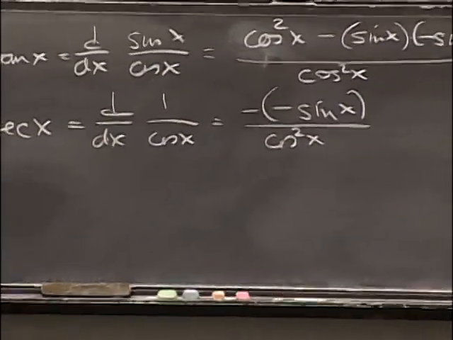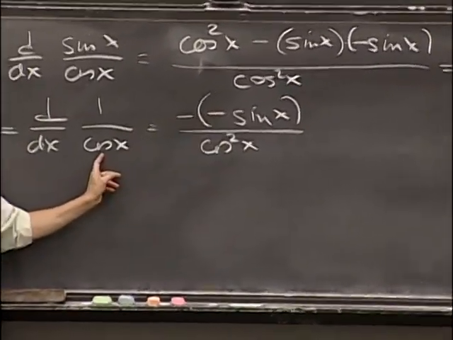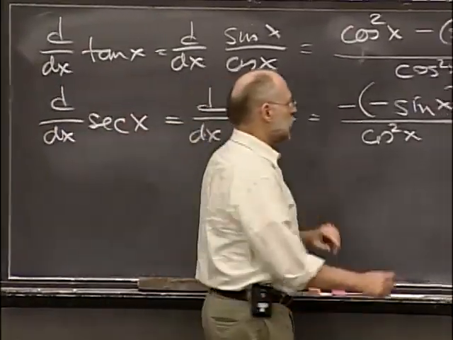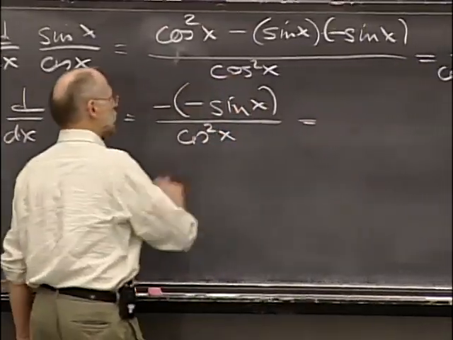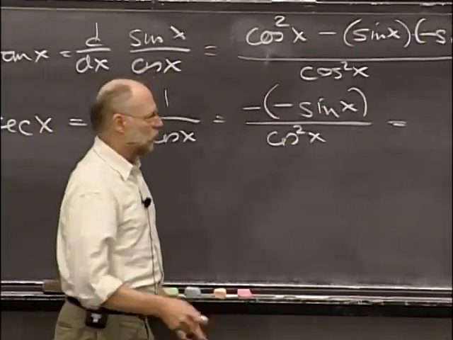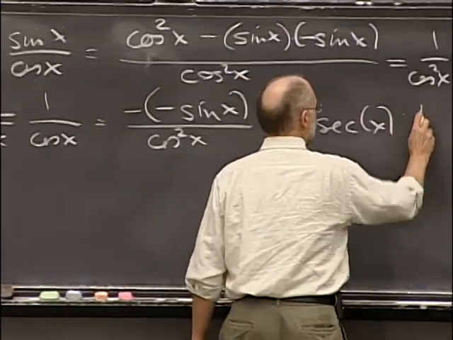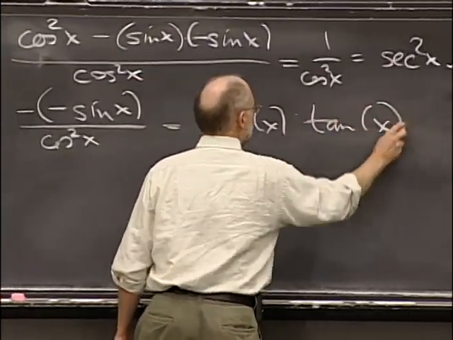So one minus sine came from the quotient rule, and the other one came because that's the derivative of the cosine. But they cancel, and so I get sine over cosine squared, which is sine over cosine times 1 over cosine, and so that's the secant, 1 over the cosine, times the tangent of x.